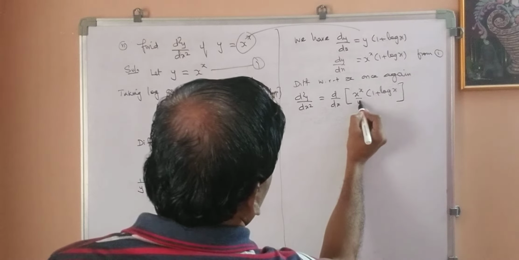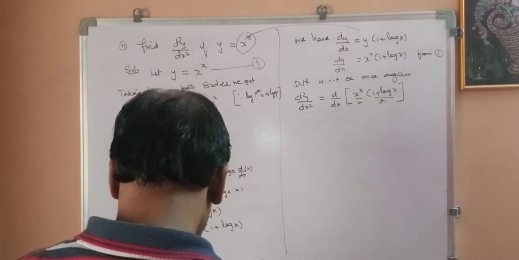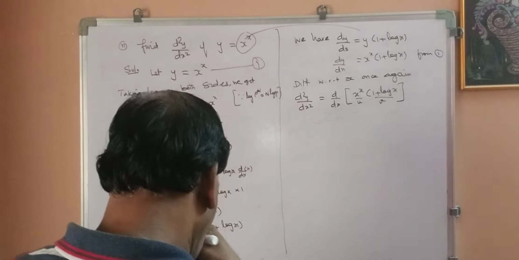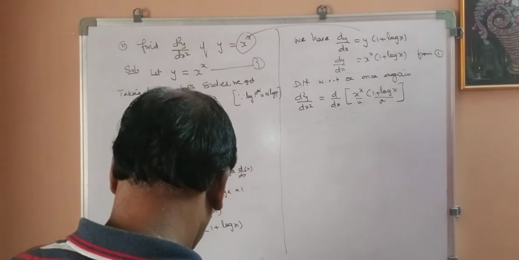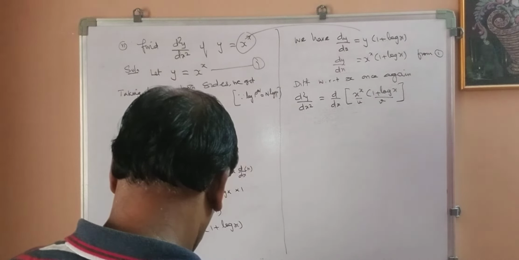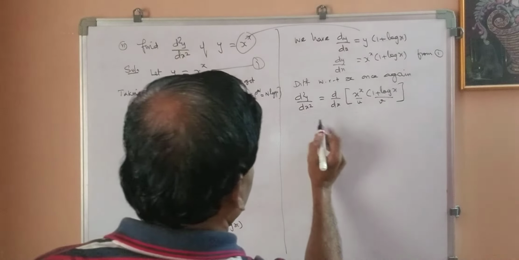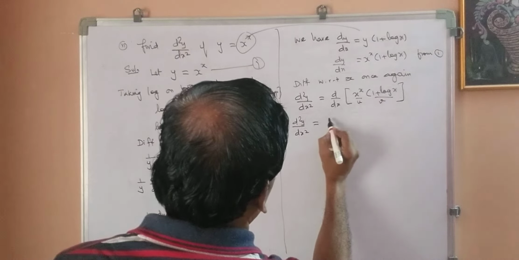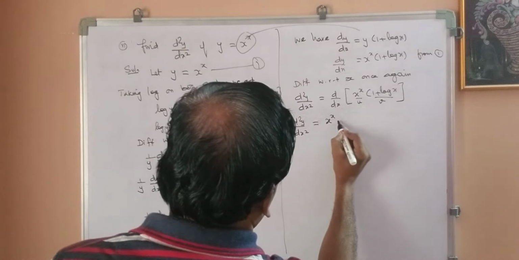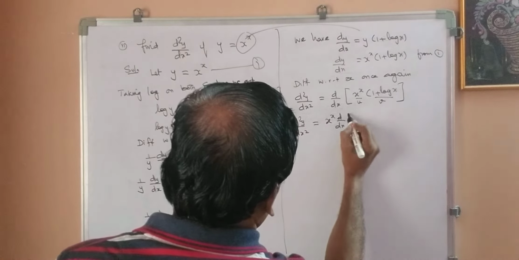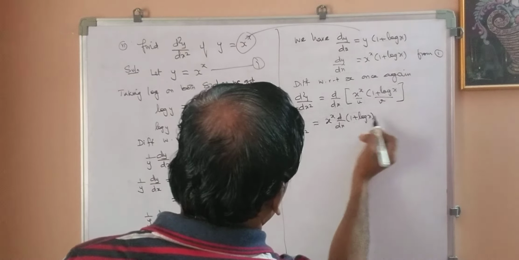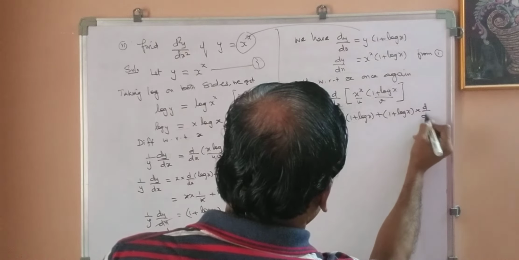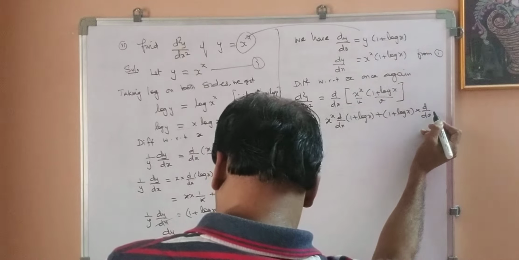Now, it is UV method. Now look at this, d square y by dx square equal to x raised to x into derivative of 1 plus log x, plus 1 plus log x into derivative of x raised to x.